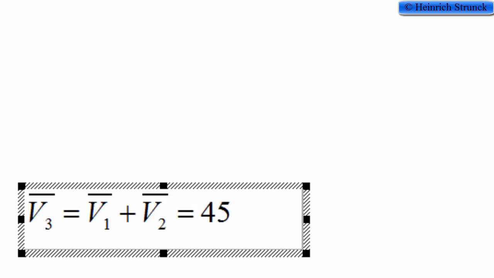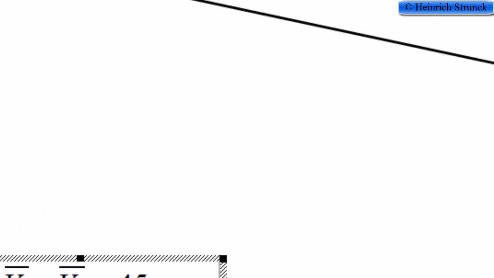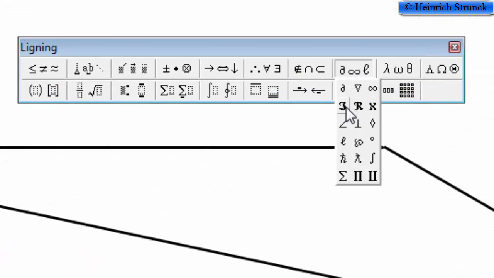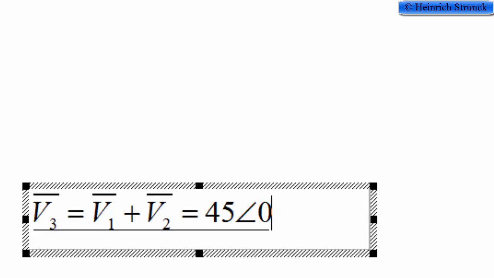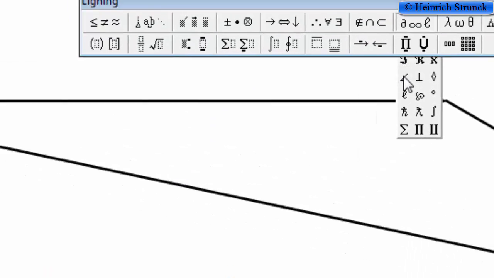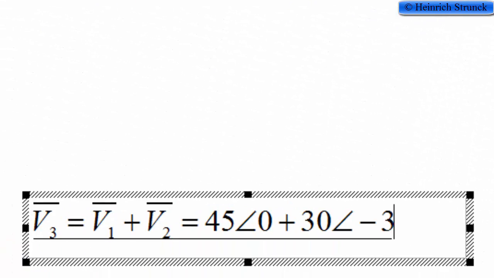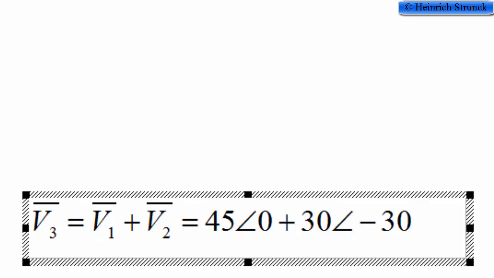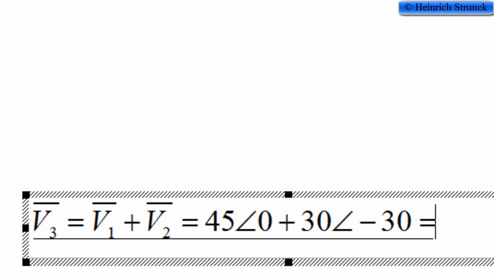It was 45 volts. Then we have to make an angle sign. We found it here. And that was an angle of 0 degrees plus 30 volts at an angle of negative 30 degrees. And that is equal to.